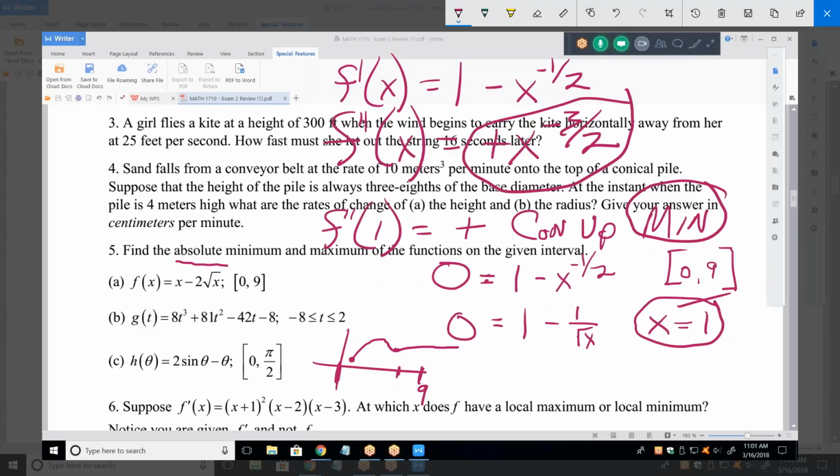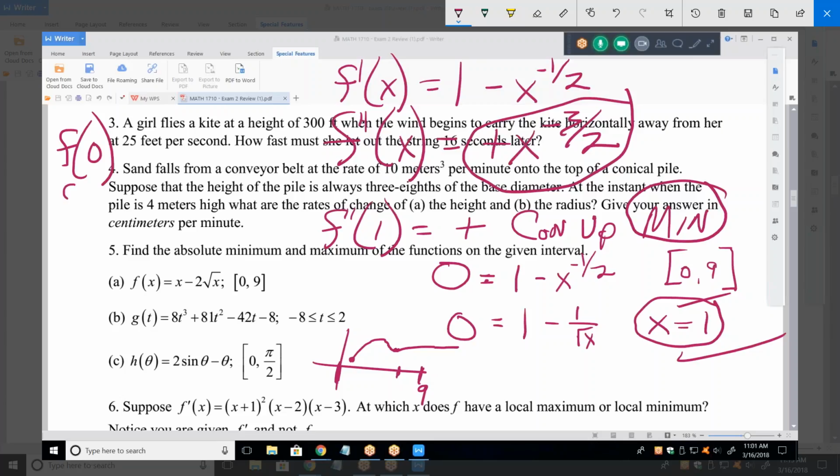In other words, there's no way that if this was parentheses, then I would know this is the answer for sure, and it's a minimum. But the fact that it is brackets means I have to evaluate the function at the following places. I have to figure out what f of 0 is, and this is the real function.